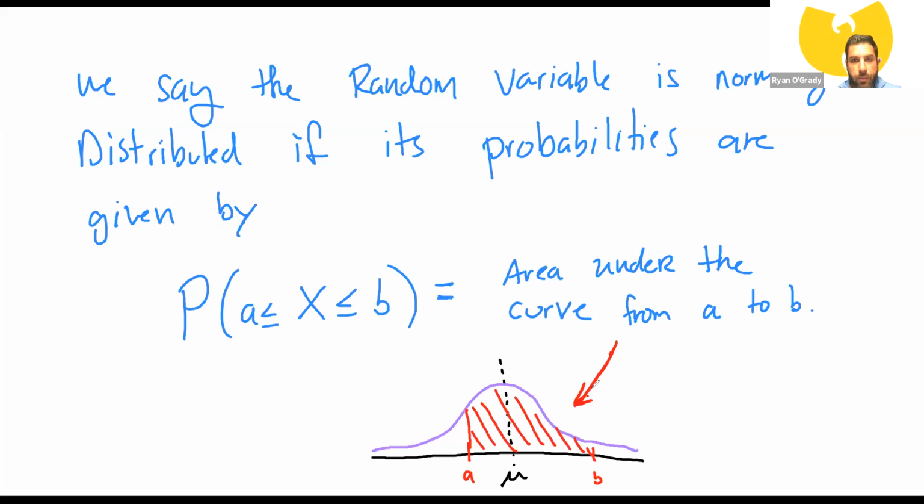Now, we also had a very specific type of normally distributed random variable, and that is the standard normal distribution. That is when the mean is a specific number, 0, and, excuse me, the standard deviation is 1.